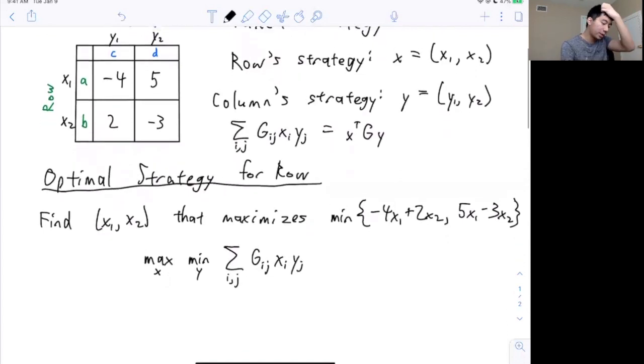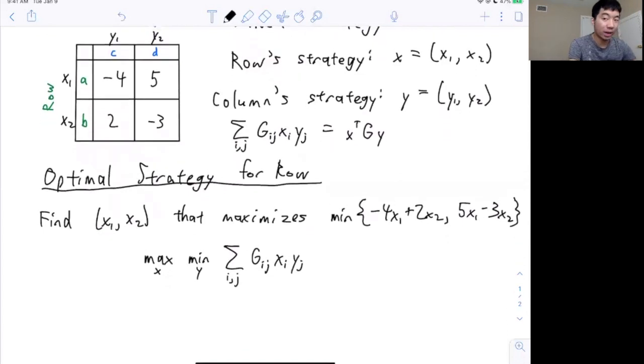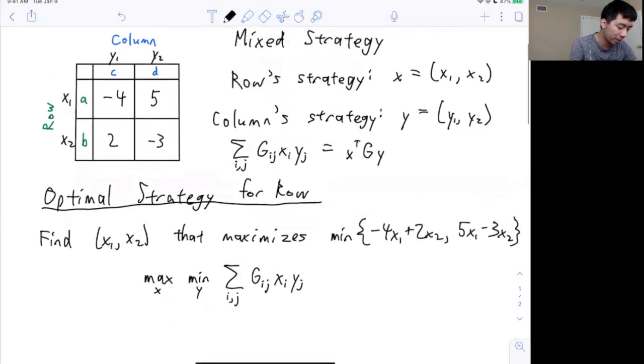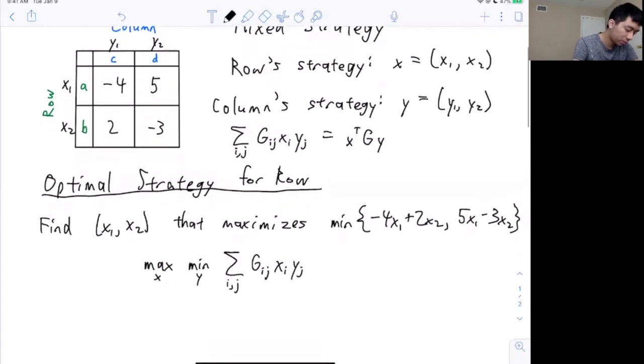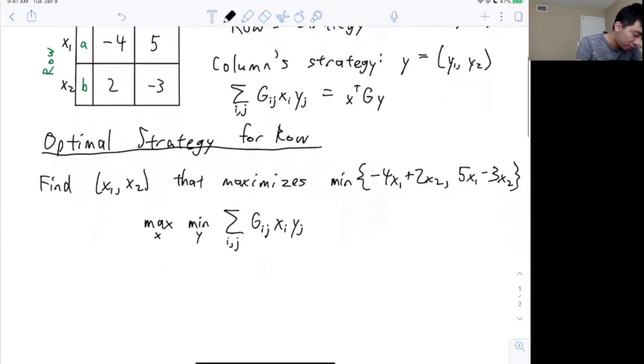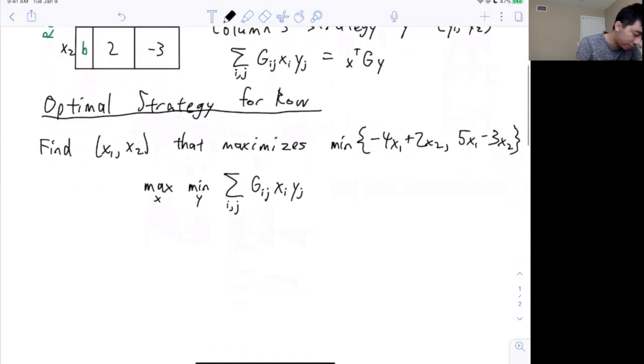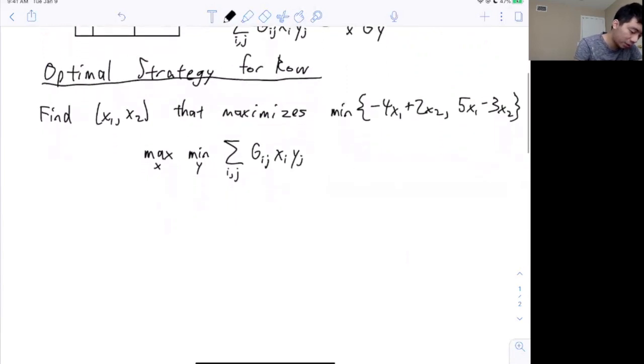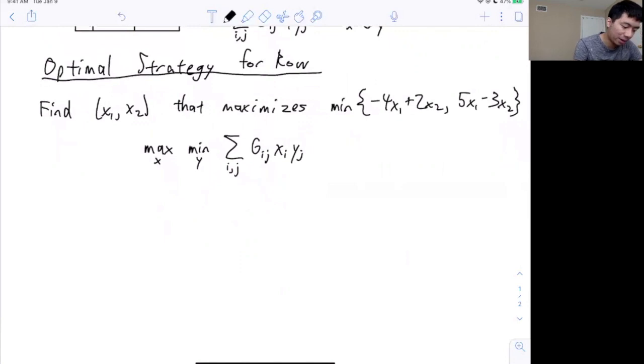Again, the row player is trying to maximize this value while the column player is trying to minimize this value. Now we want to find the x1 and x2 that maximize this minimum, so you want to maximize this value no matter what the column player chooses.